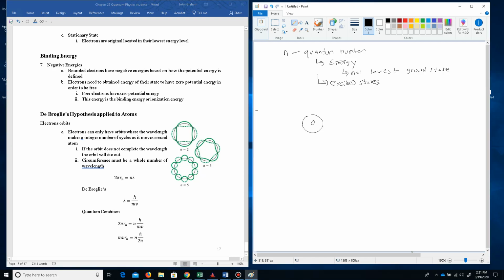So these are orbits. I'll draw a few. Potential equaling 0 is going to be out here. And these are all negative orbits. And we notice as Z increases and n increases, that number is going to get higher. And so this first one's the negative 13.6.